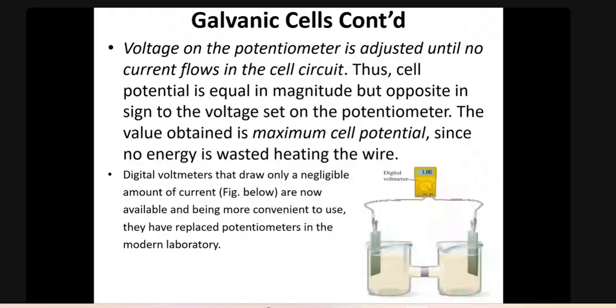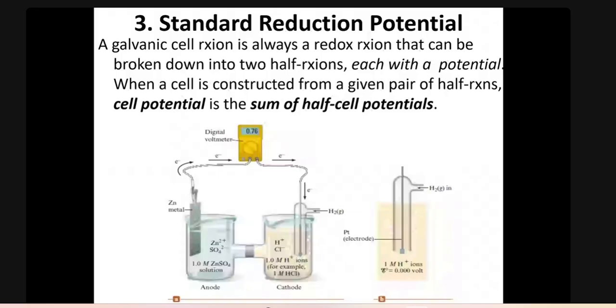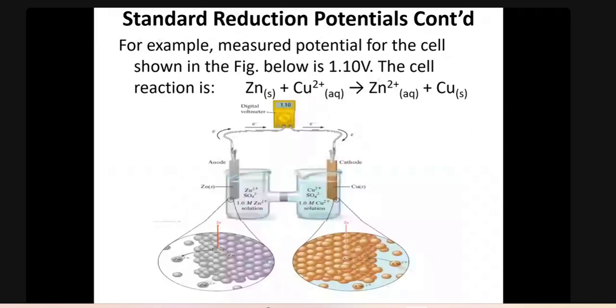So you won't be able to measure the actual cell potential of the cell. To avoid this, there is another instrument that's used, called a potentiometer. Do we have a potentiometer here?